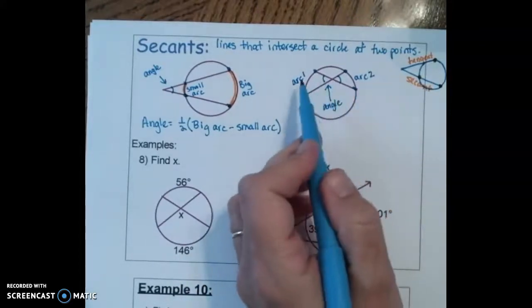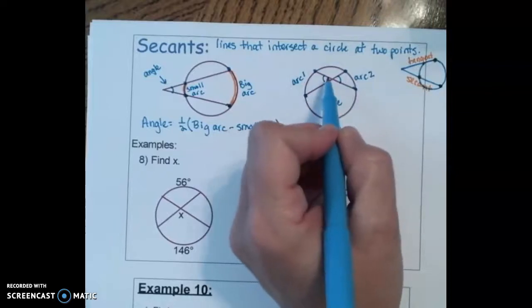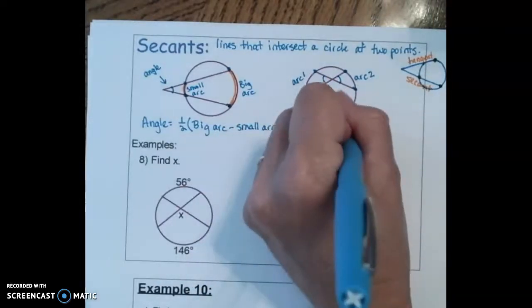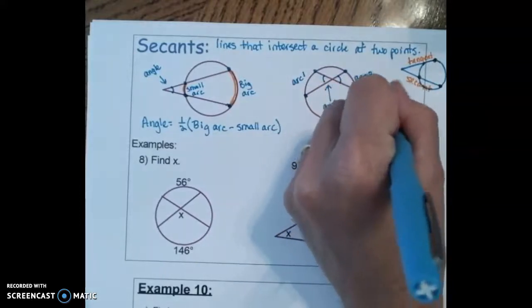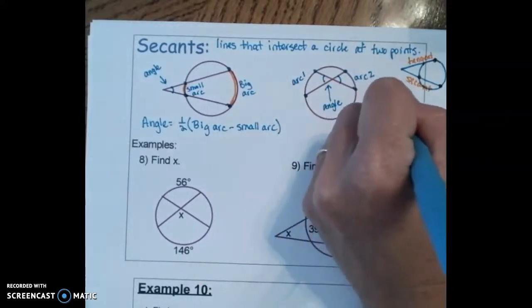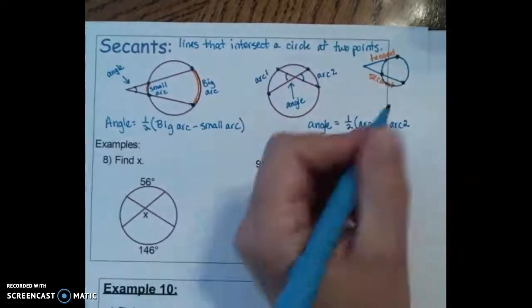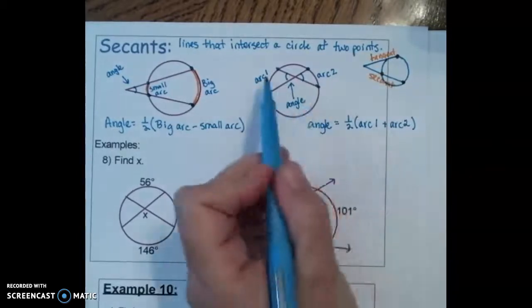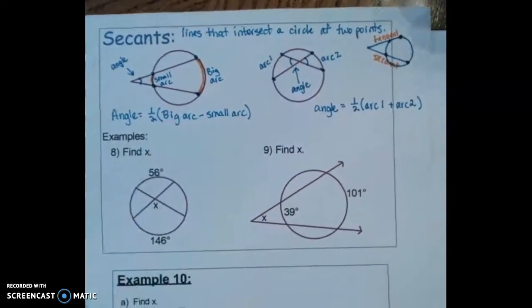Doesn't matter what you call arc 1 and arc 2. It's just the arc across from the angle that you're looking for. So to find this angle, it's 1/2 of arc 1 plus arc 2. So it's kind of like you're taking the average.